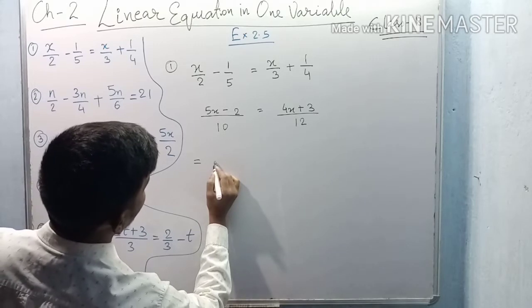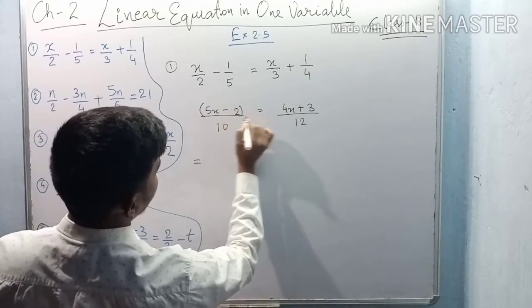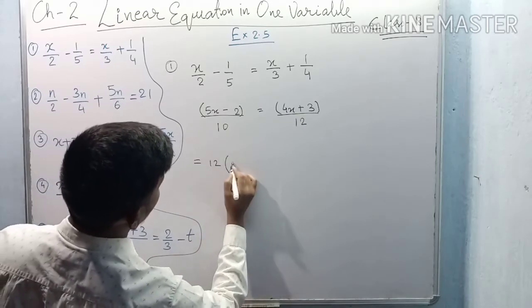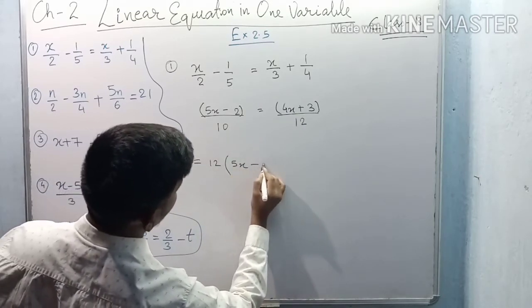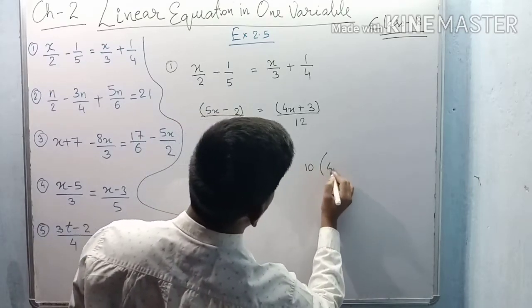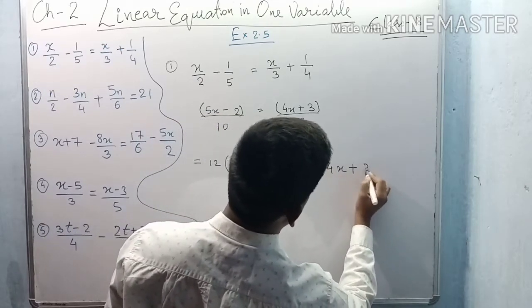Let's give the bracket. So 12 will come to this side, so 12 times (5x minus 2) equals 10 times (4x plus 3).